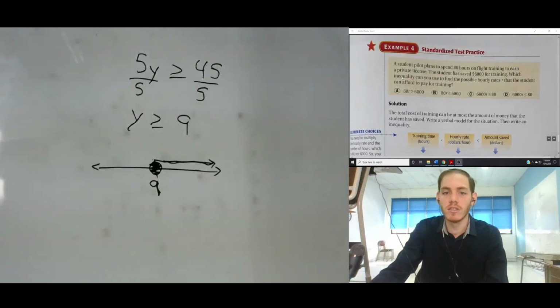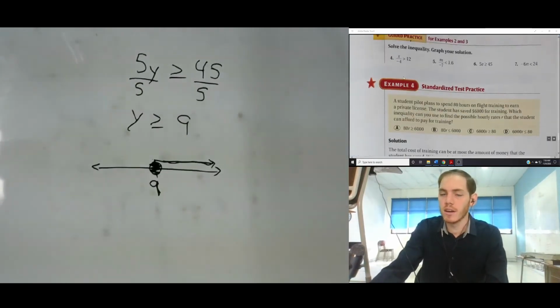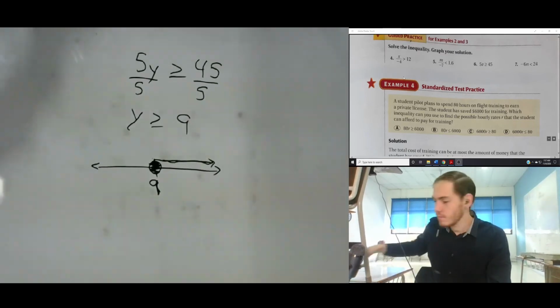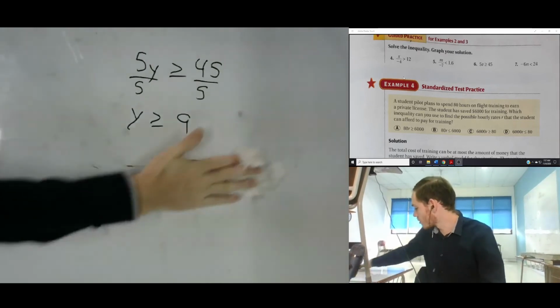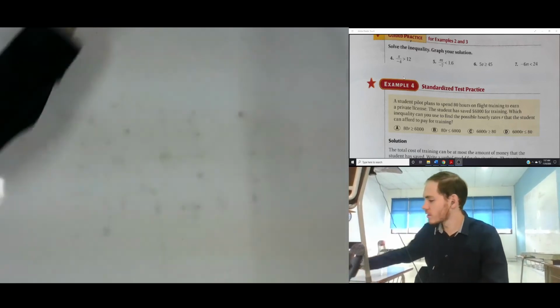So the same properties apply to word problems, and it's worthwhile to teach you the word problems. So let's get into some of these word problems. A student pilot plans to spend 80 hours of flight training earning a private license. The student saves $6,000 for training.